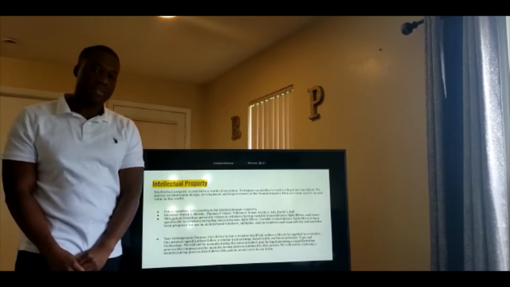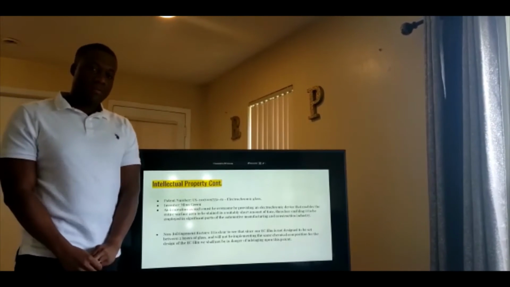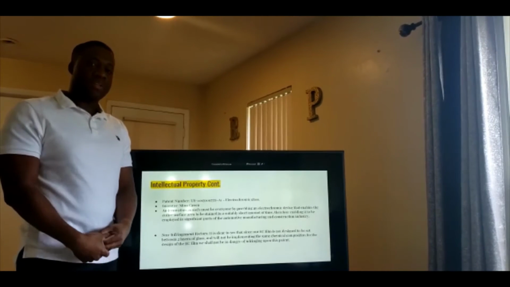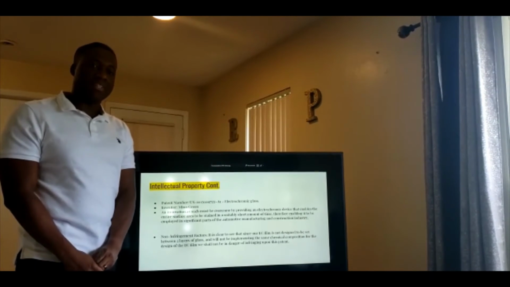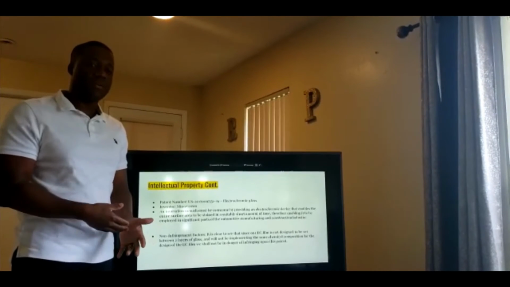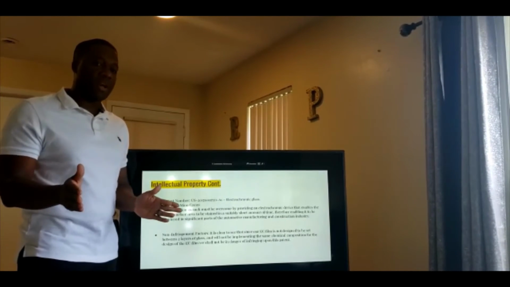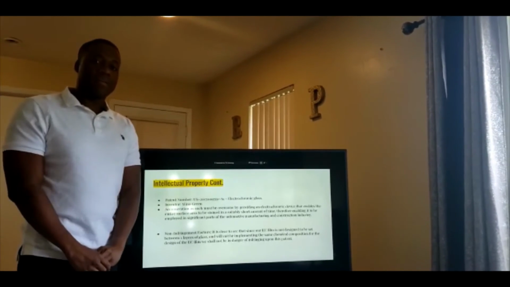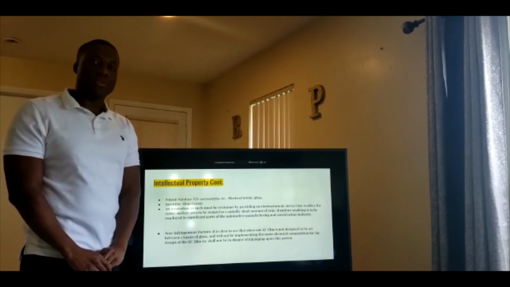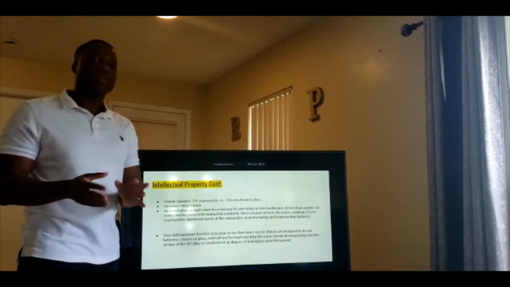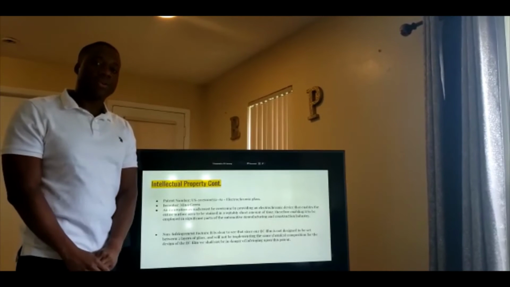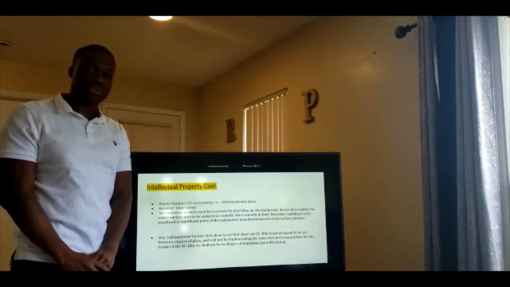The second patent is an electrochromic device which enables the entire surface to darken within a short period of time, and is intended to be used on any automotive glass and also within the construction industry.